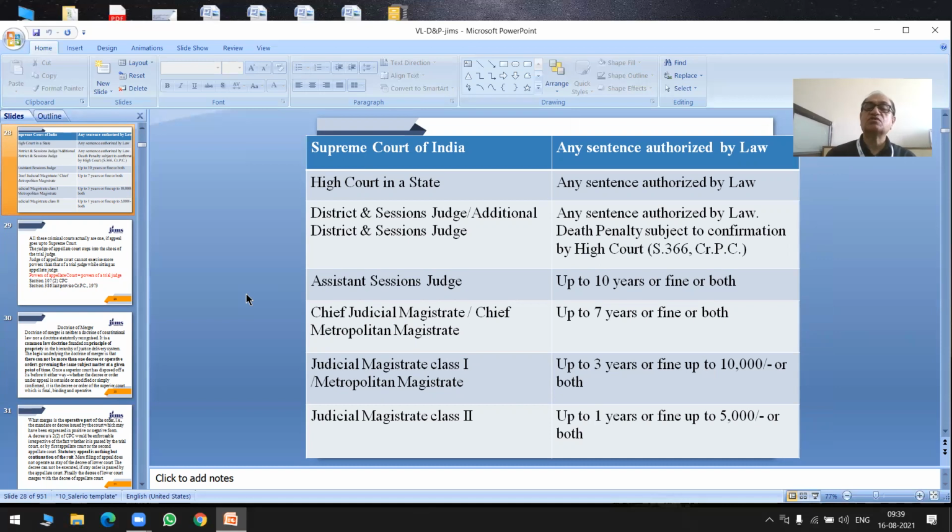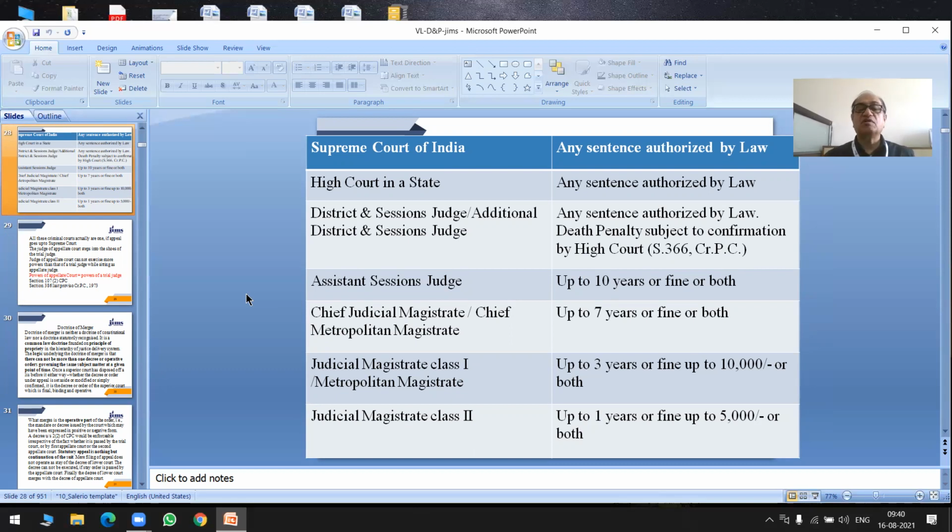Then we have the courts of assistant session judges. They are authorized to award 10 years imprisonment or fine or both. Then we have court of CJM and ACJMs. They are empowered to impose imprisonment up to 7 years, or fine or both.